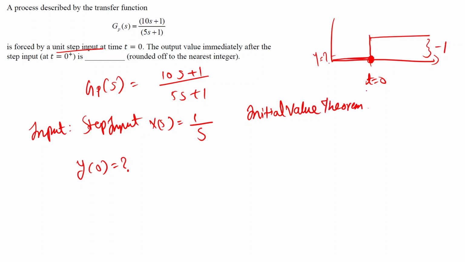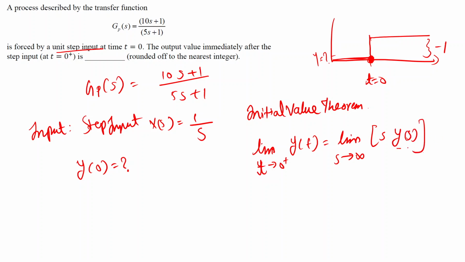So by initial value theorem, we can write that the value of the output at time t tends to 0 plus can be also written as limit s tends to infinity s y of s.